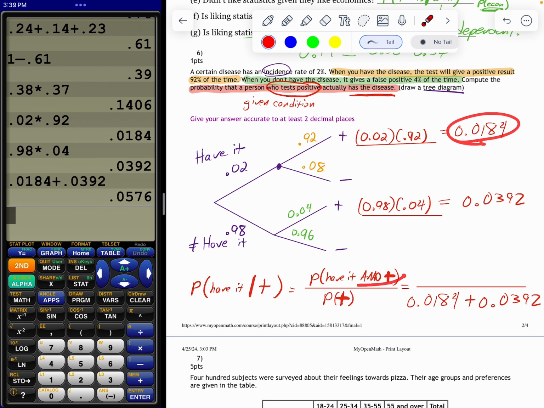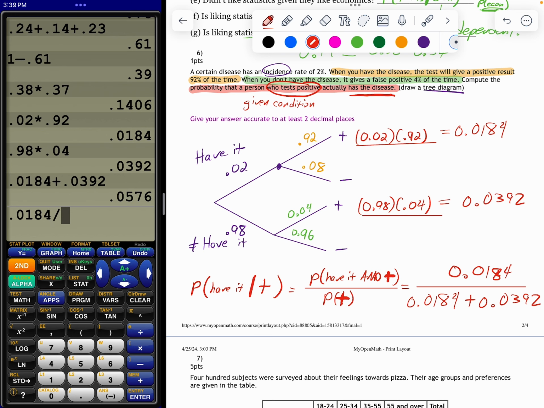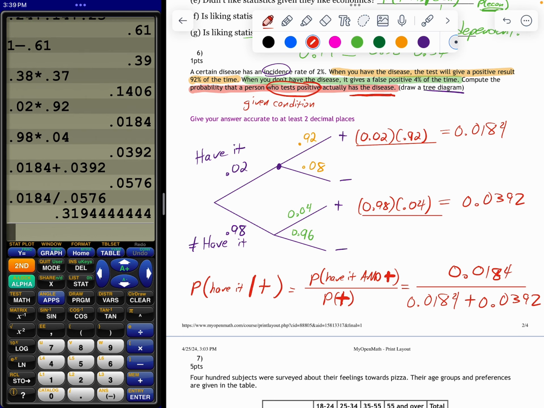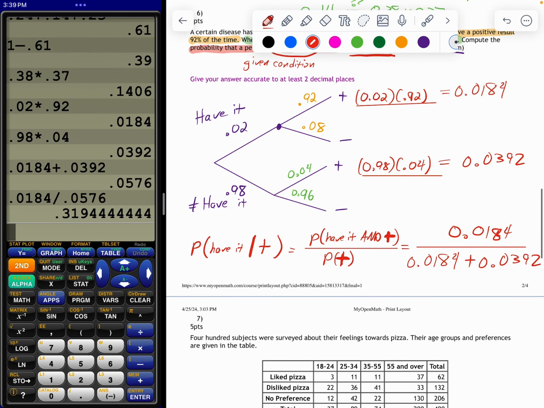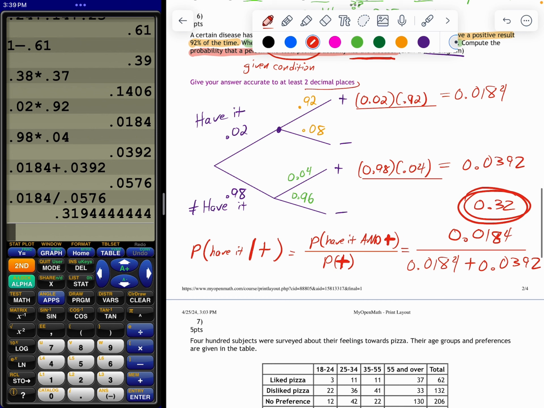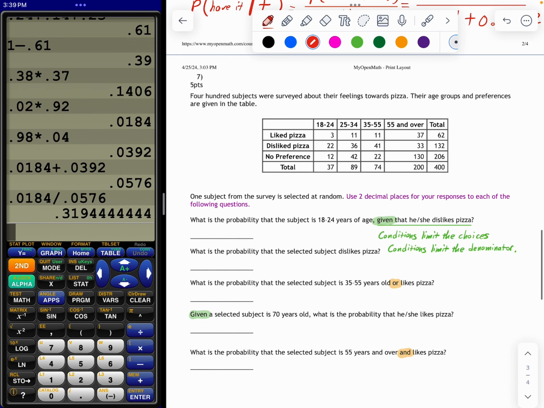So that is the people that have it and they got a positive test. So that is my numerator. And then I divide it to get my percentage. So long story short, my final answer is what's on my calculator right there. 0.32 rounded to 2 decimal places. Whew, number 7.